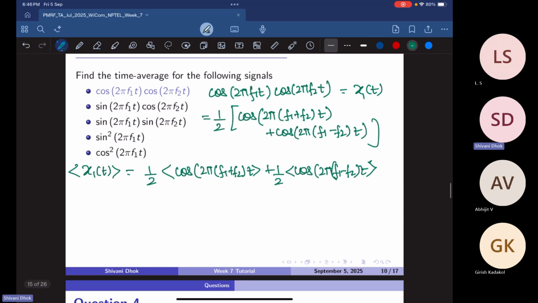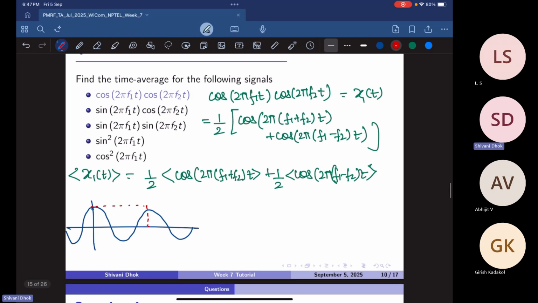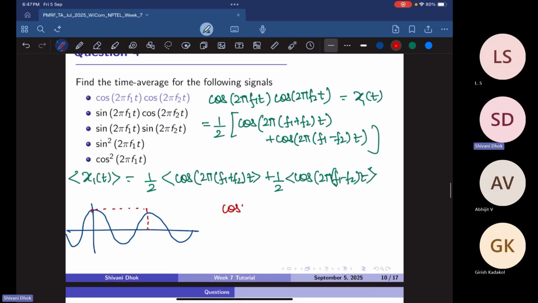When we want to find the time average, we have this cosine function. It extends infinitely in both directions, so we focus on one period. Let us do it in general. Suppose we have cos 2 pi ft, and we want to find its time average for any frequency.